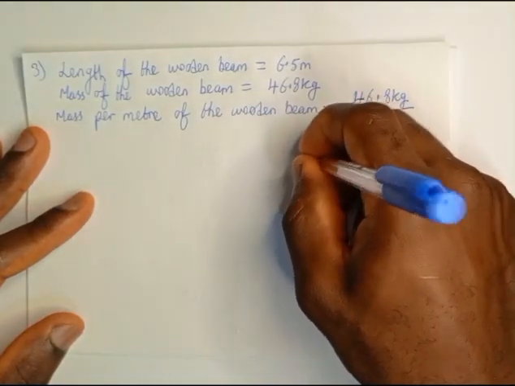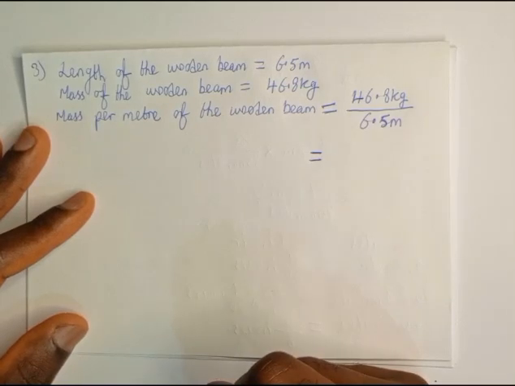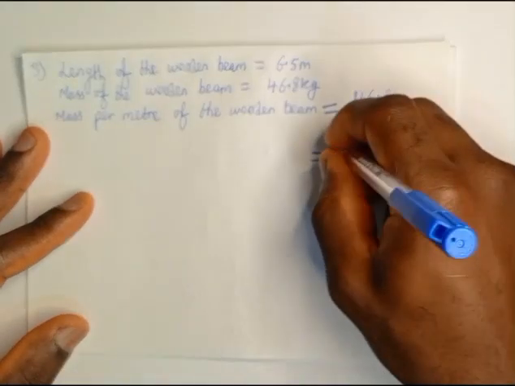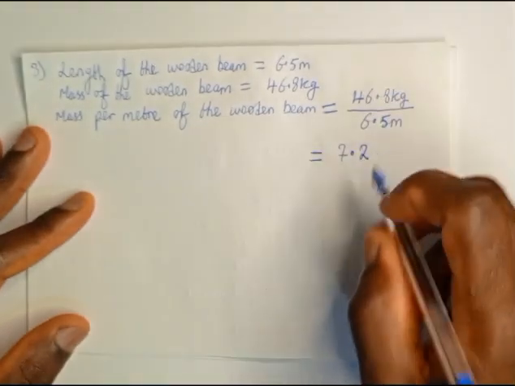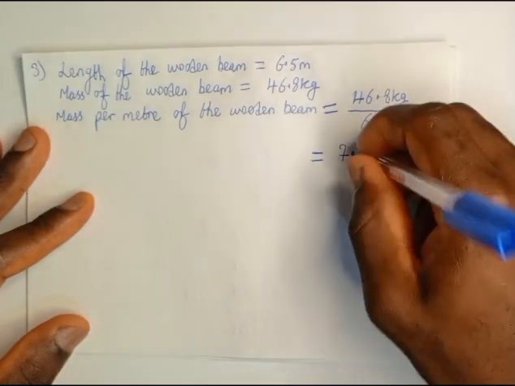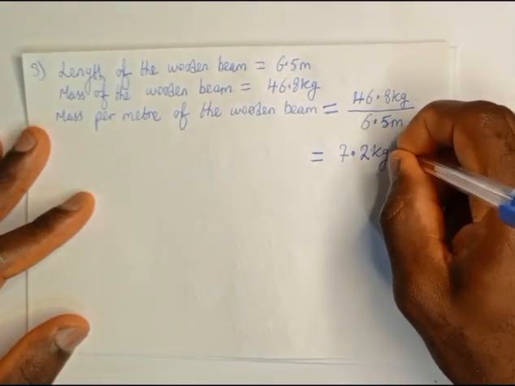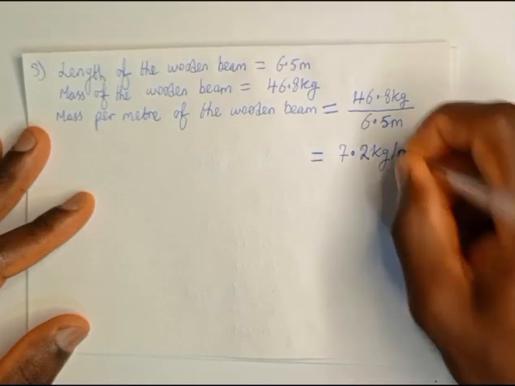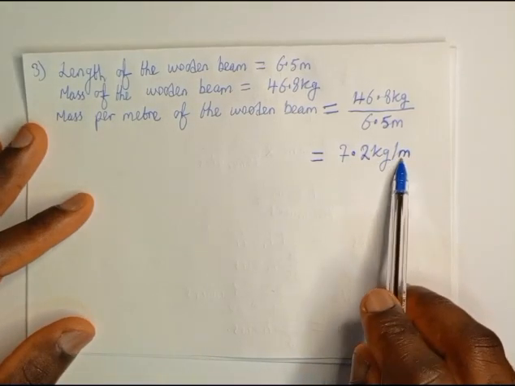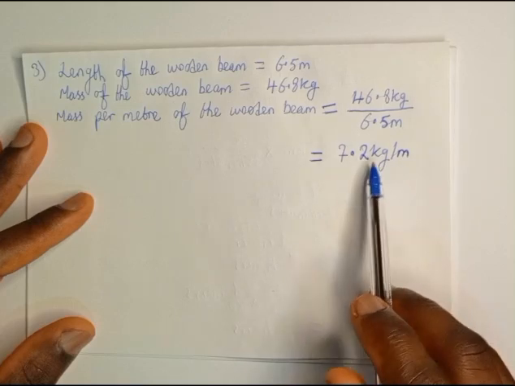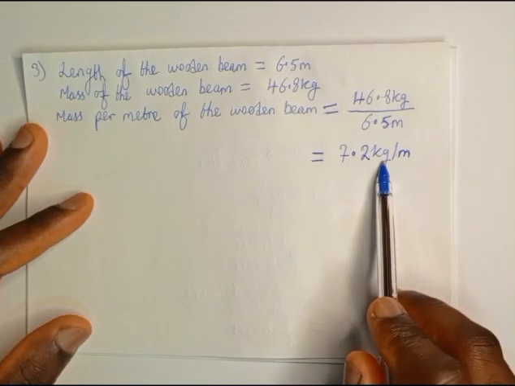This will simply be equal to 46.8 divided by 6.5 gives us 7.2 kilograms per meter. 7.2 kilograms per meter simply means 1 meter of the wooden beam has a mass of 7.2 kilograms. That is what it means.